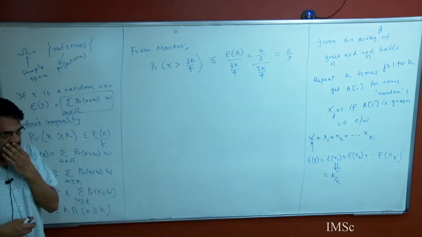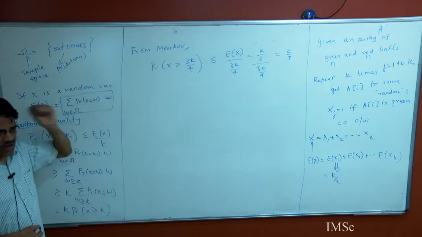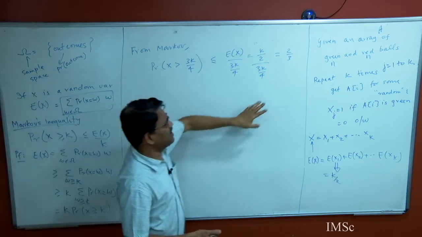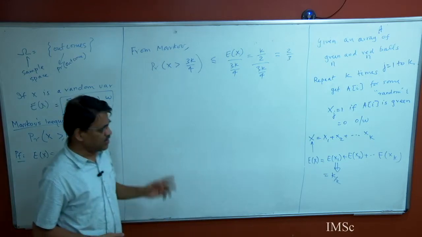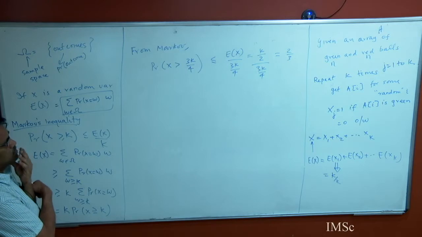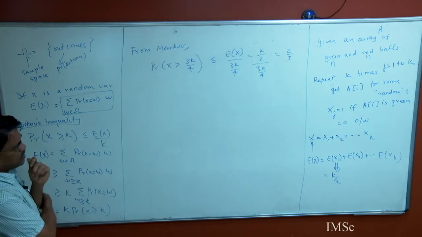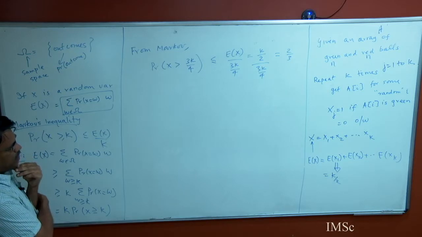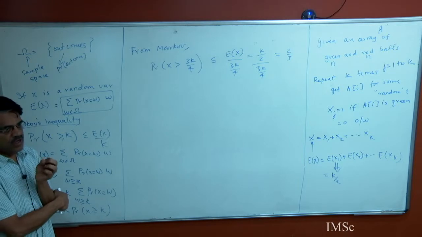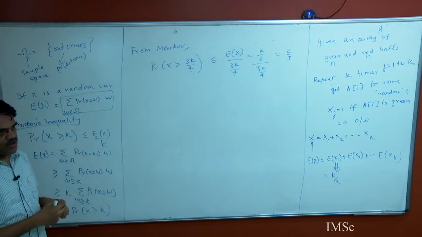Now it turns out we can actually say something even stronger. This is very, very weak. It just says at most 2/3. But if k is large, if I do a large number of experiments, then we will argue that the probability is even lower. Markov doesn't give you that; we need other inequalities to show you.